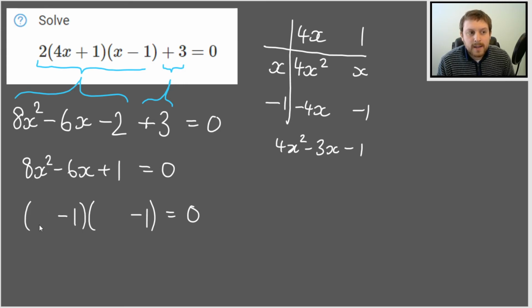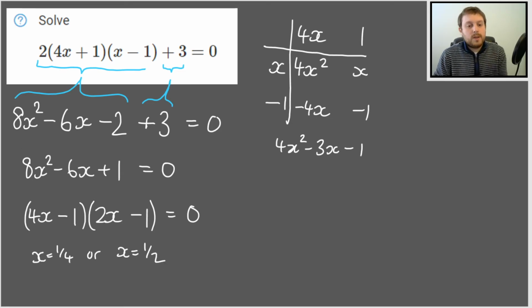So if you think about it, it's 4x and 2x, right? Because we'll have -4x and -2x, so we'll have -6x. So 4x is 1, so x is a quarter. Or 2x is 1, so x would be a half. So I'm going to put a quarter and a half in.